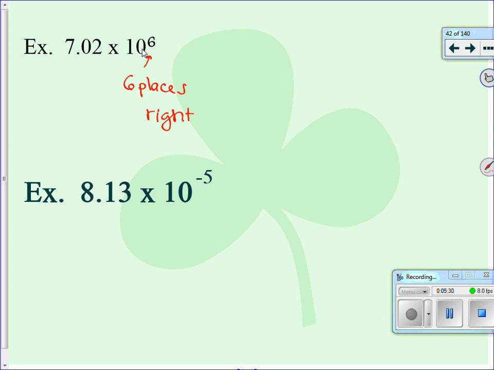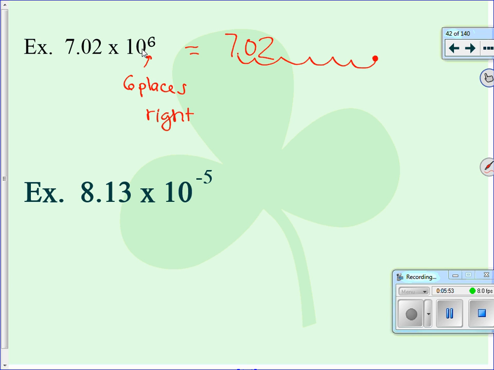So what I do is I write out 7.02, and then I move the decimal 6 places to the right, and it's to the right because 6 is positive. So 1, 2, 3, 4, 5, 6. So that is now where my decimal is.